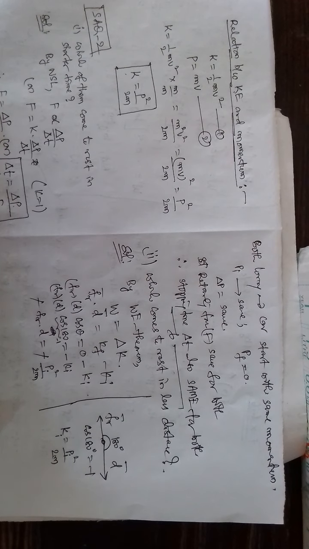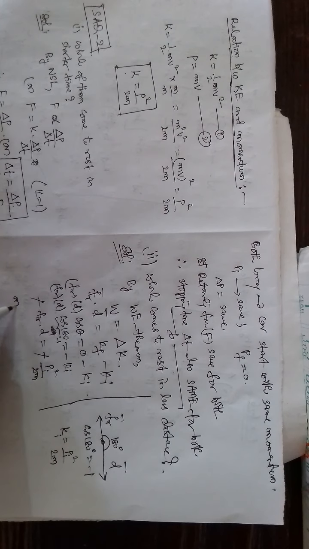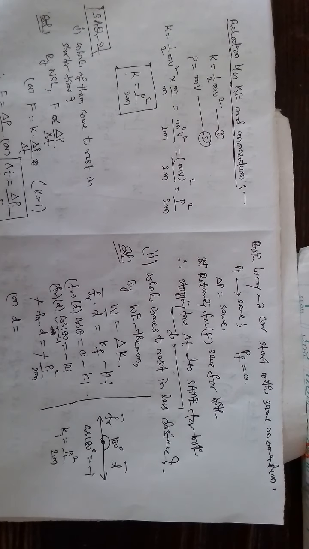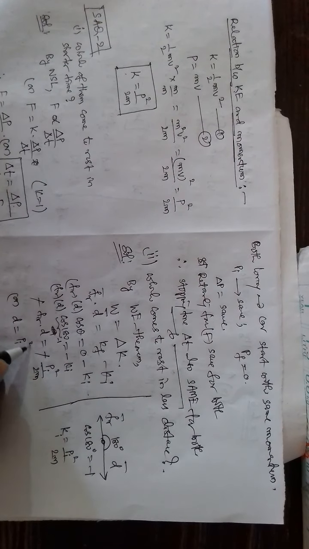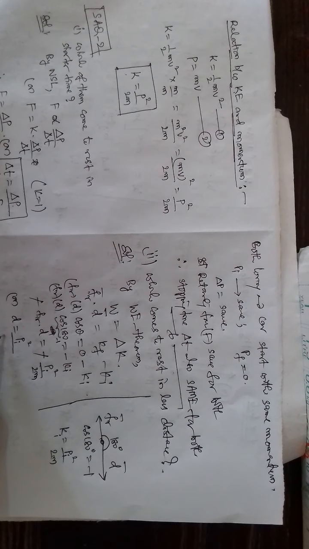Therefore we can write the stopping distance d is equal to pi square by 2 Fr m.